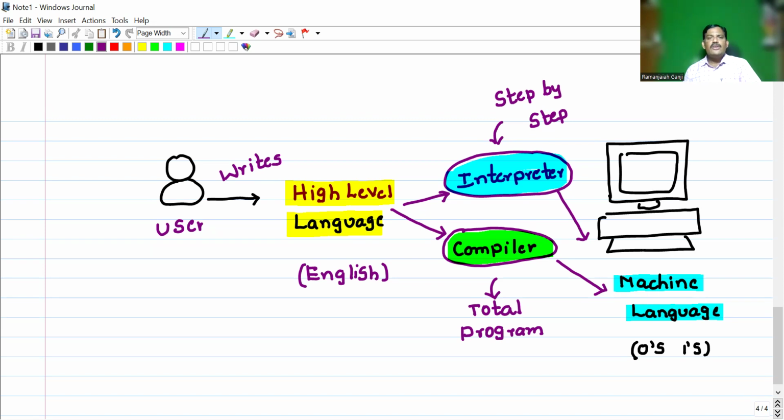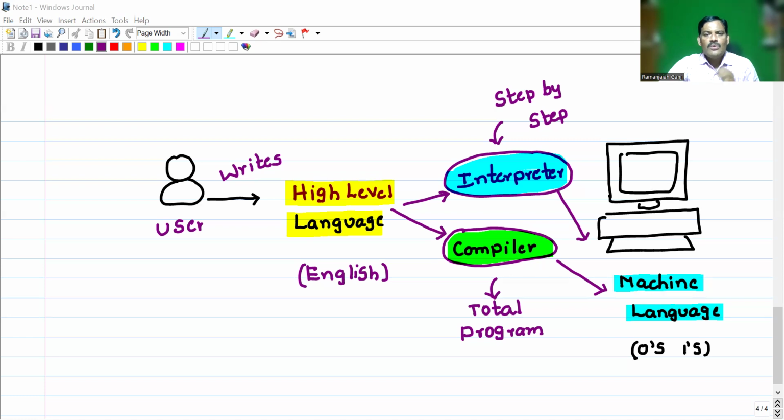For example, you are writing programs in assembly language. Is it directly understood by the machine? No. So what to do? We require some kind of converter. Whatever program is given by the user will be translated into the required machine language.